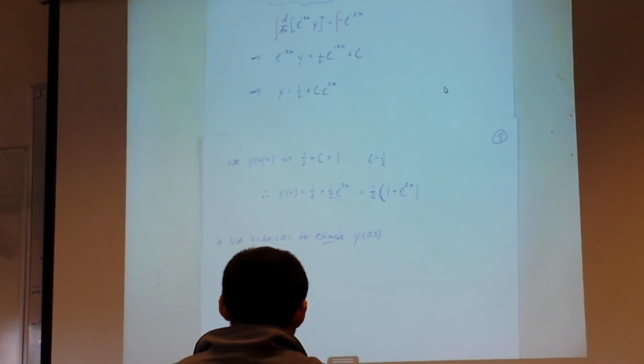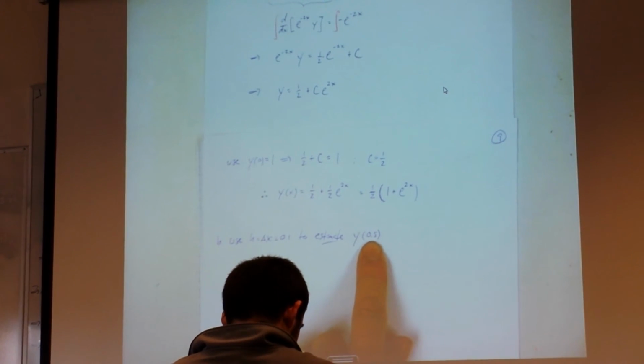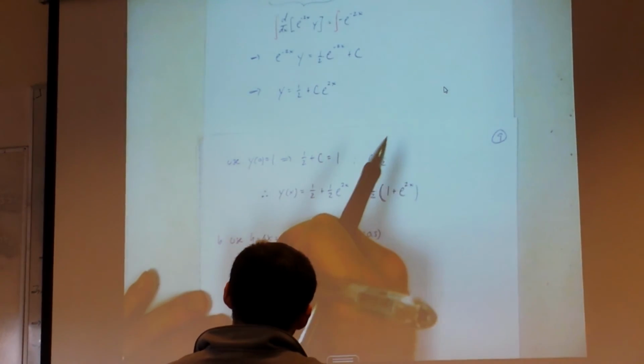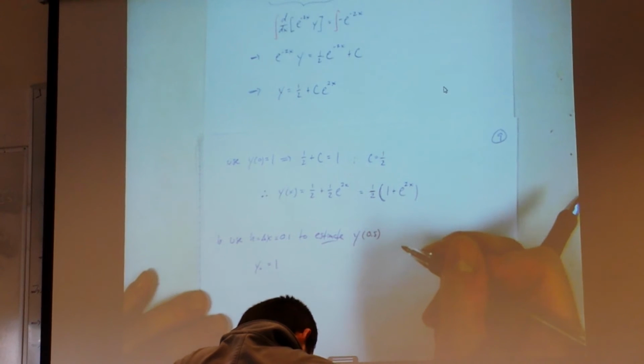Okay, so we've got to go through a few iterations. Starting at (0, 1) is our first point. We need to run through that iteration until we hit x being 0.5 and find out what the y value is. So we know that y of 0 equals 1. That's my first value.